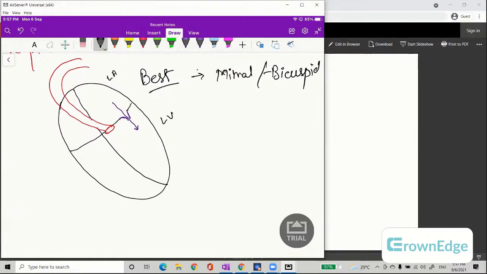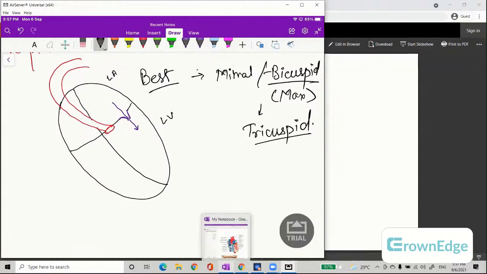It is bicuspid in the maximum population, but in some people we do find that the cusp means, as I showed you in the previous diagram, if you have two cups, so I showed over here two cups, right? We do want a 3D diagram for this. Suppose these are the 3 cusps and they will close, that is known as tricuspid.